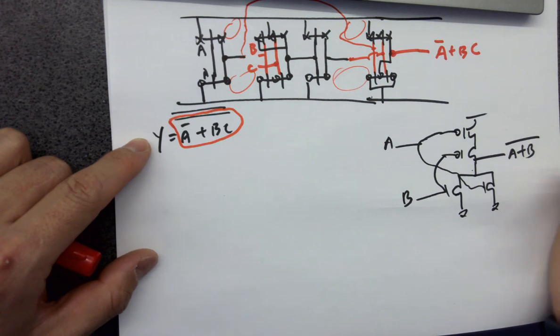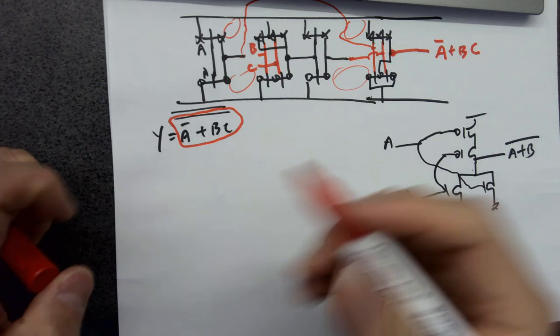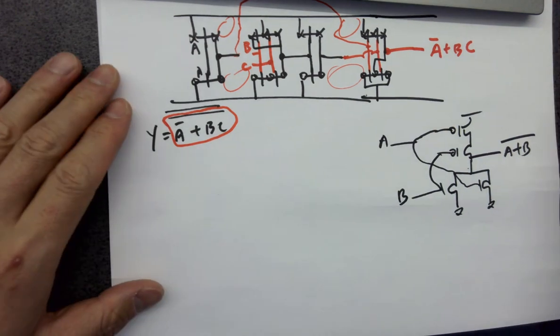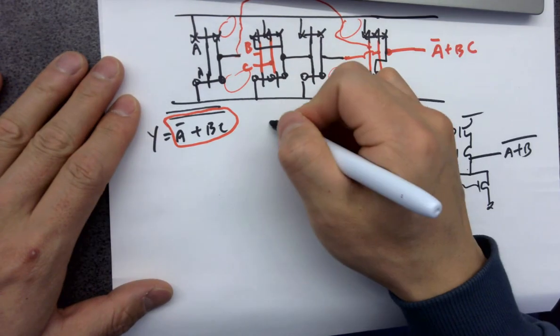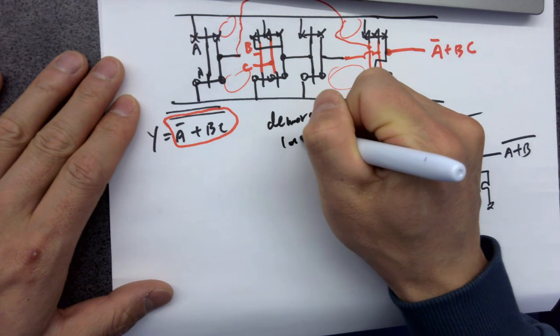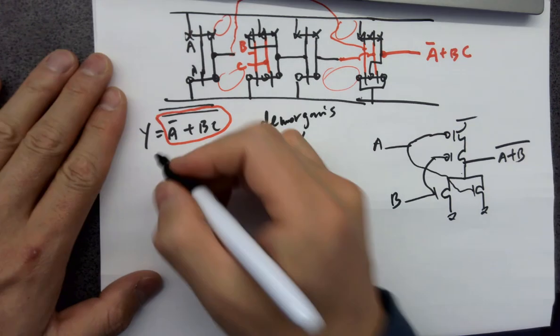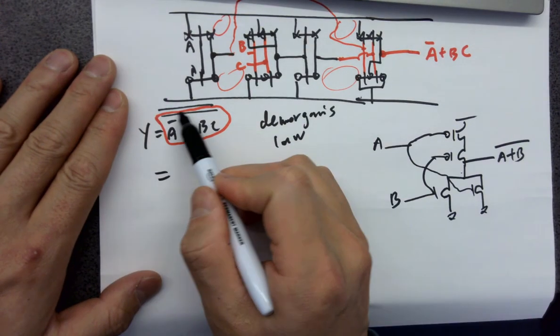It's the one bar on the top, okay, for all the logic, just one universal bar on the top. And since we know that De Morgan's law is basically splitting the bar and changing the sign, we can split this bar and change the sign.